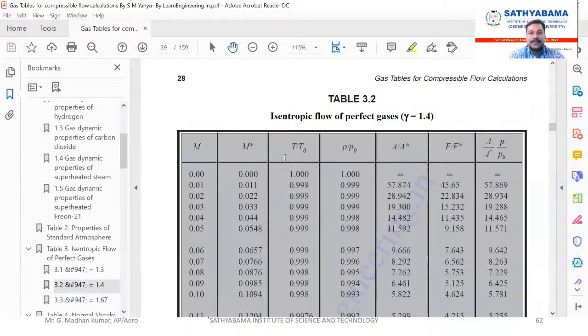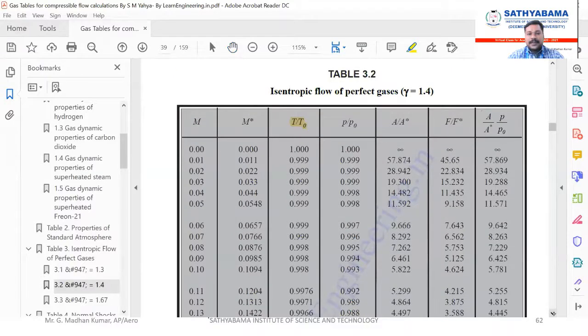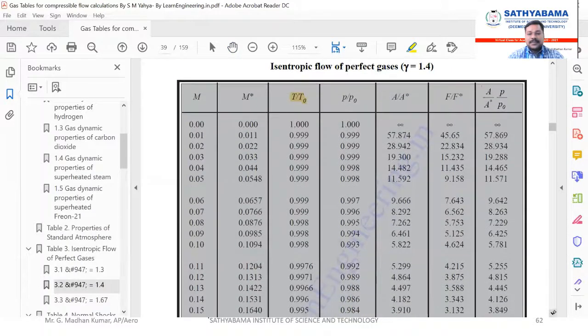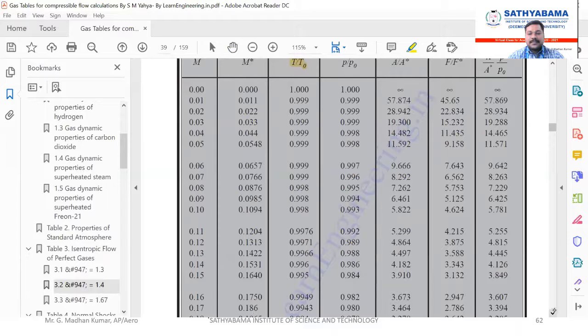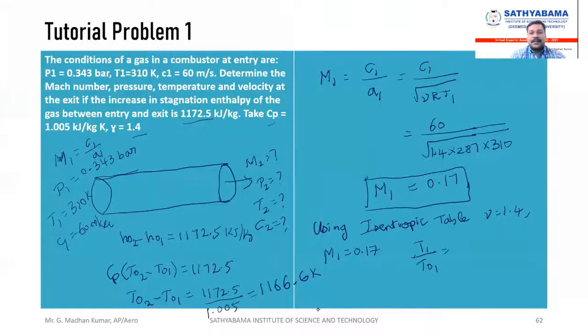So T by T0 table, that is your third column. We have Mach number in the first column. So for 0.17, we need the T by T0 relation. So for 0.17, what is the value? It was about 0.994, correct? So 0.994.